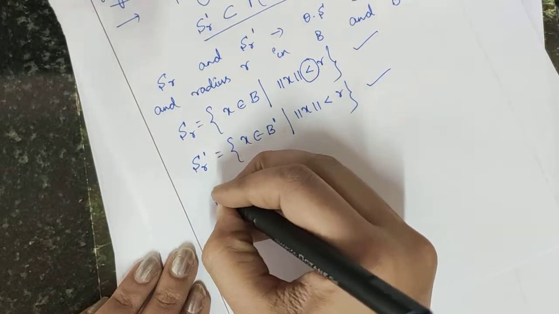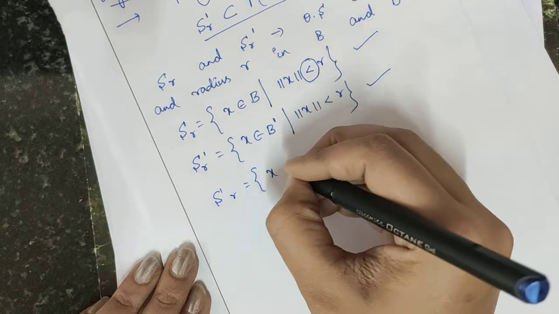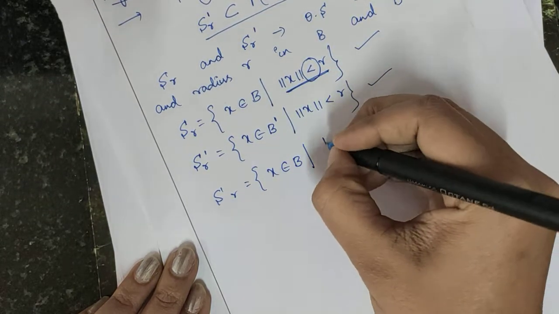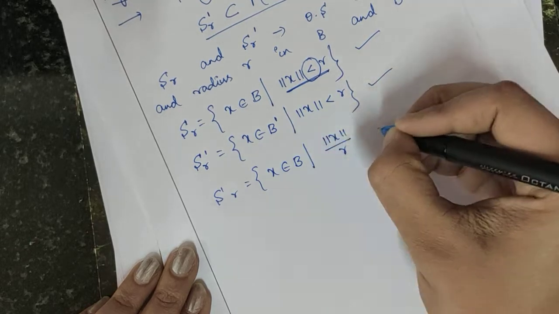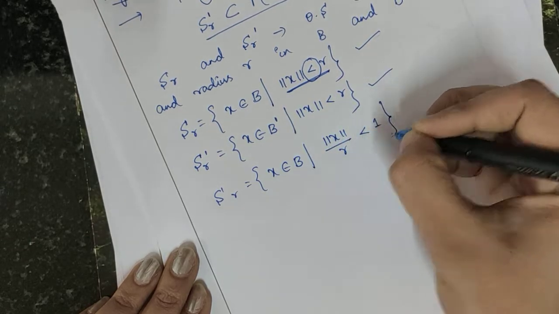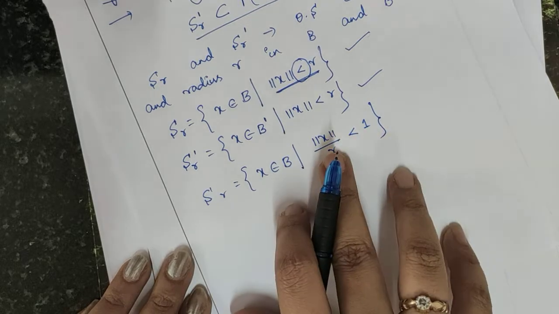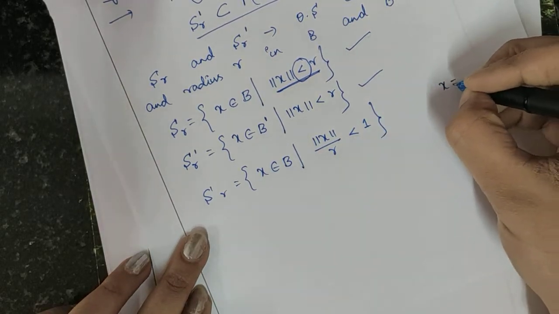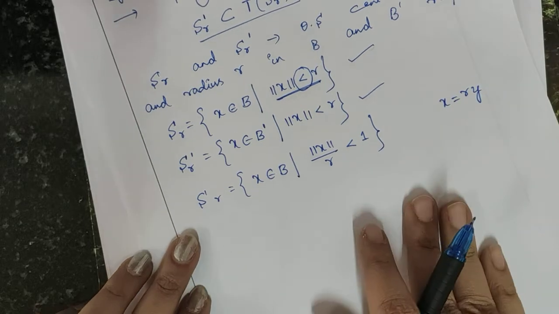Now SR is equal to X belongs to B such that I can write this as norm X by R is less than 1, right? We can write in this way. So now I will consider X is equal to Ry.